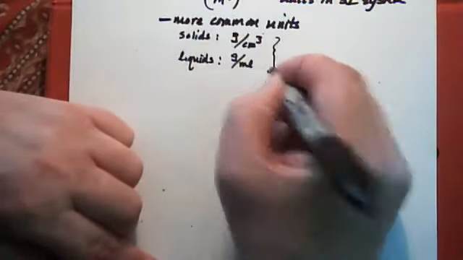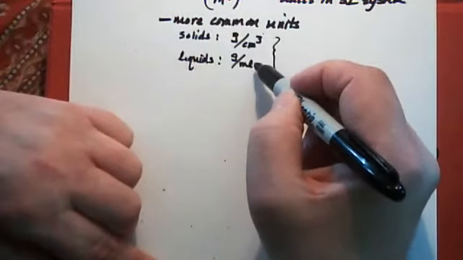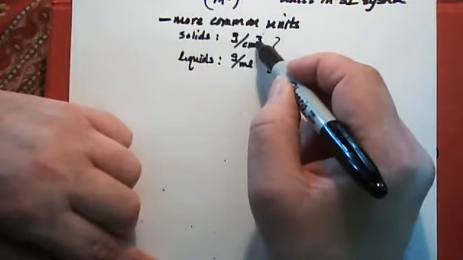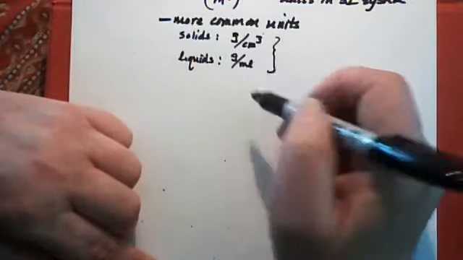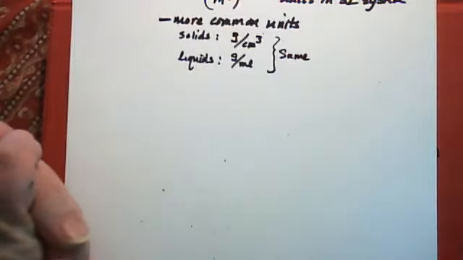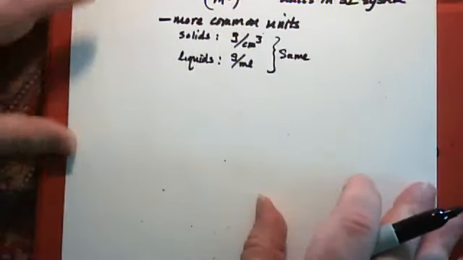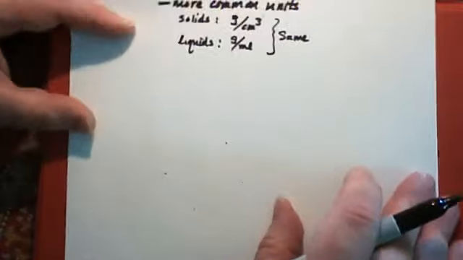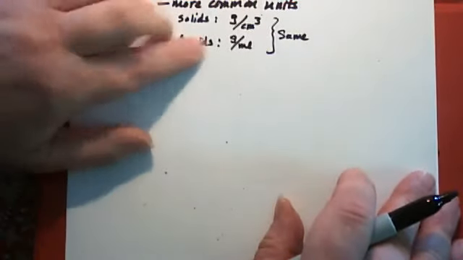But notice one thing about these two units. I said a moment ago that a cubic centimeter is actually the same thing as a milliliter. So in practice, those units are actually the same thing. Grams per cubic centimeter and grams per milliliter are actually the same unit. And if you measure the density of something in one unit or the other, either way, you'll get the same number.